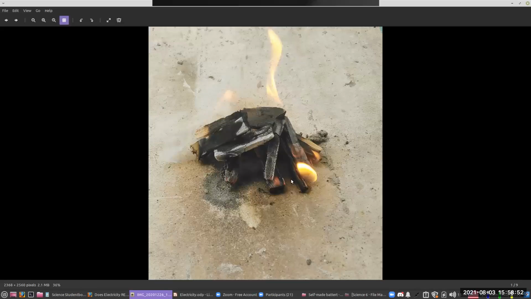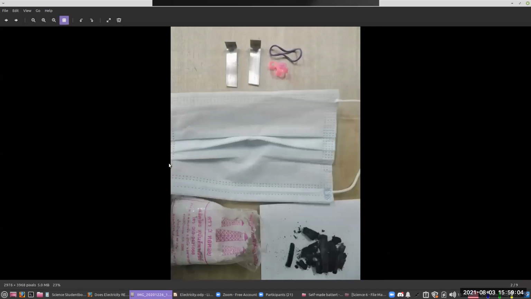What I used was charcoal. We have wood, I burned the wood, so I got charcoal out. Fire, yes, fire.